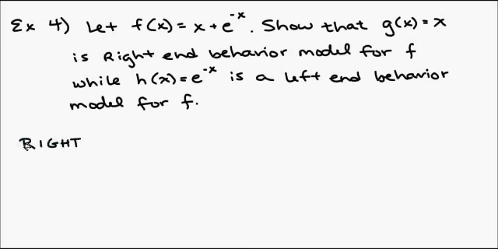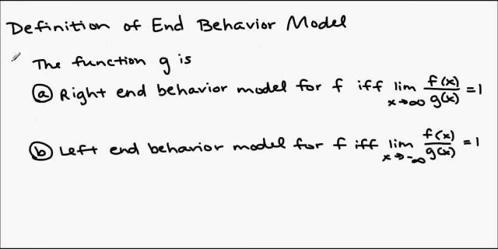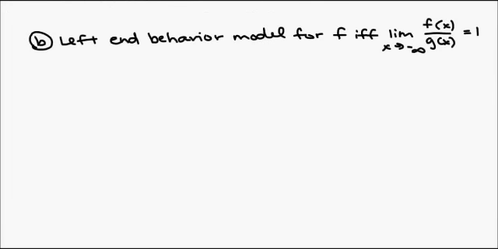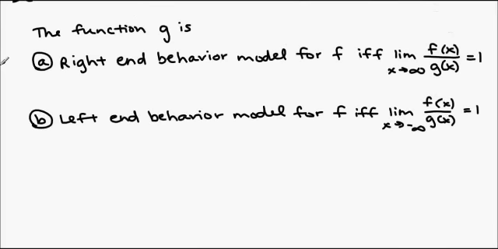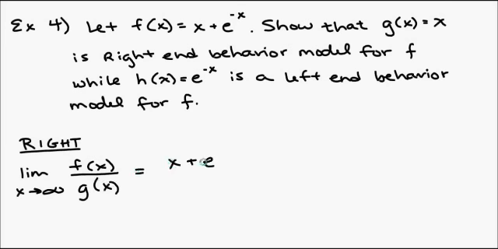So the right side of this, remember our definition says that we have f of x divided by g of x. So the limit as x approaches infinity of f of x divided by what we think this behavior model is equals x plus e to the negative x over x.